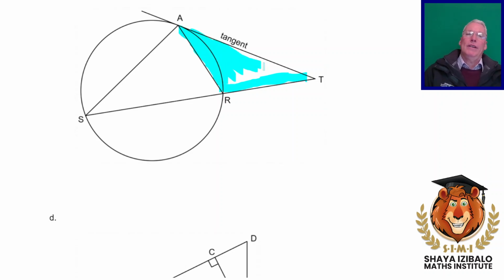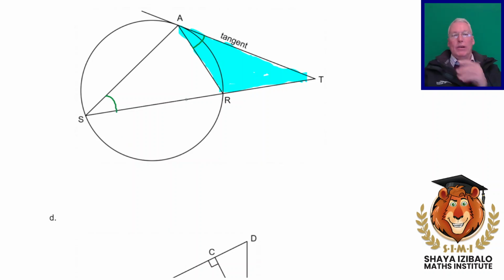And that tangent tells us that, in fact, this angle over here is equal to this angle over here, tan chord theorem. So now, if we're looking at the big triangle, the whole triangle, and the blue triangle, we've actually got two angles. We've got this one that's common, and we've got another one. And if we've got two angles equal in triangles, the third one must be equal.